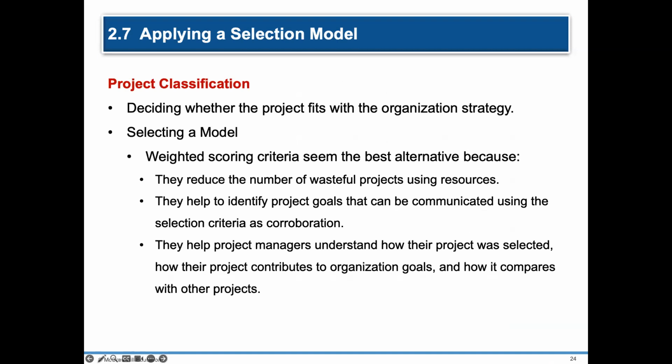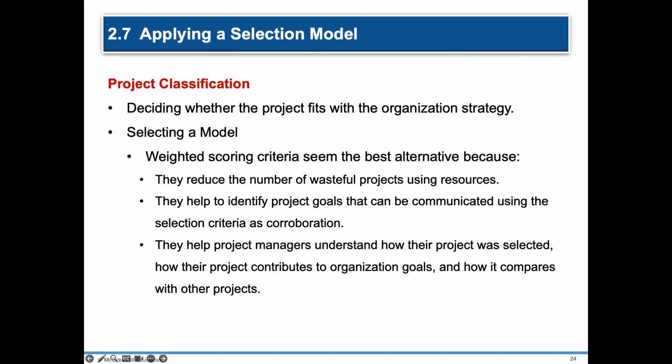So let's go back to project classification. But this time, let's apply a selection model. So, as we know, a project is classified into 3: compliance project, operational project, or strategic projects.